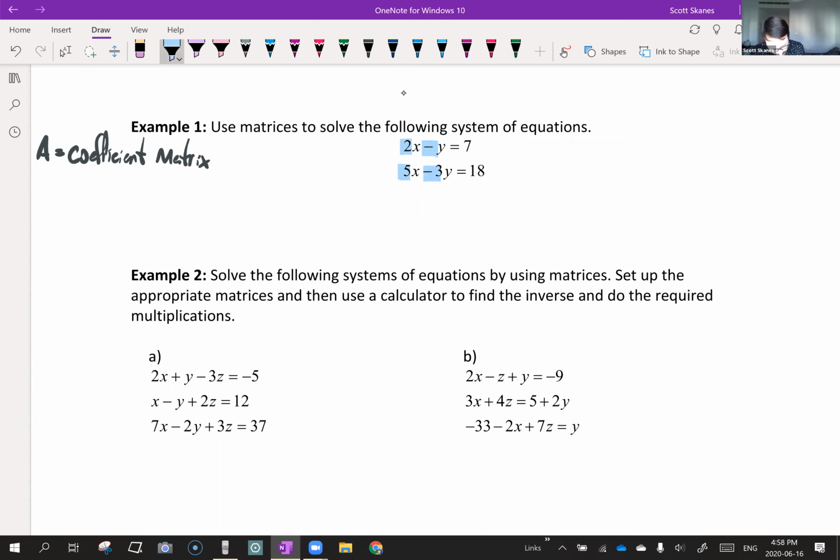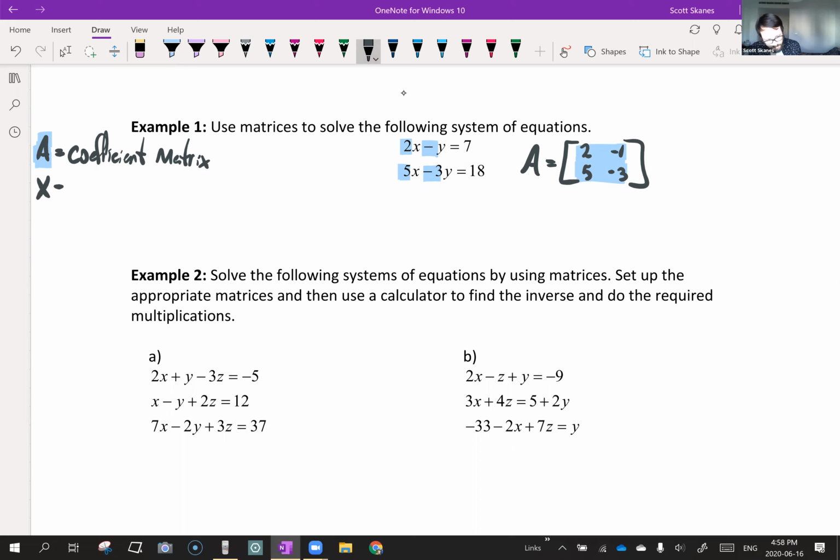So the matrix A is going to be made up of that. And so I'm going to draw this here. Matrix A is 2, 5, -1, and -3. Those are my blue values here. All my coefficients go in my coefficient matrix.